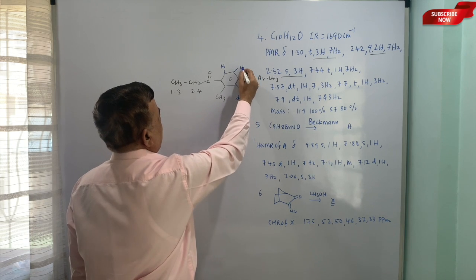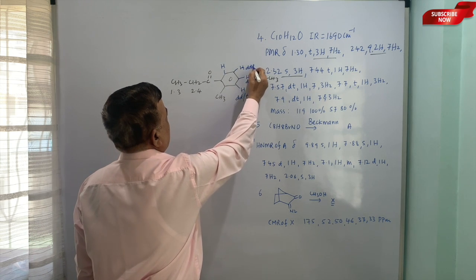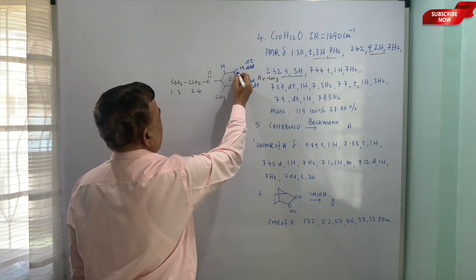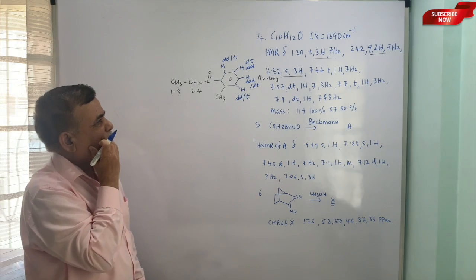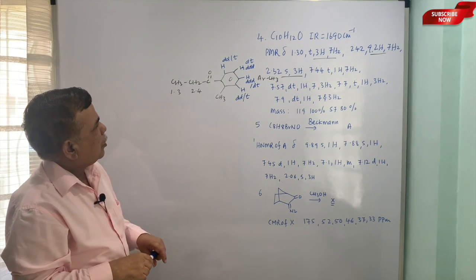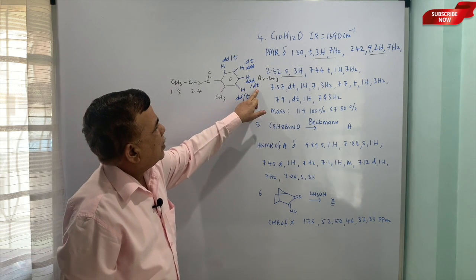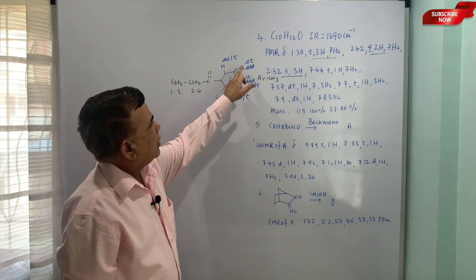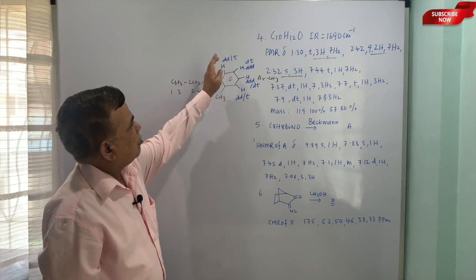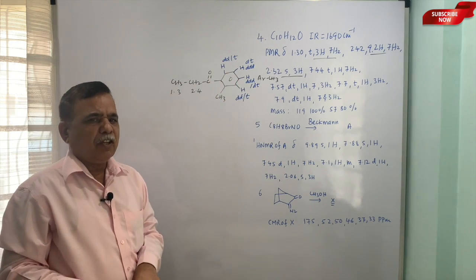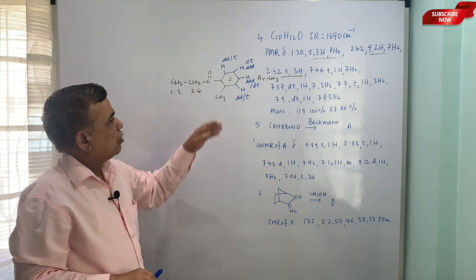For this, doublet of a doublet of a triplet, DDD, or doublet of a triplet, and this is doublet of a doublet or triplet. So, that is the pattern which is seen over there. So, triplet one is there, doublet of a triplet, two things are there, and the other one is also triplet. So, if the doublet of a doublet is not resolved properly, it will appear as a triplet, and that is the overall structure.